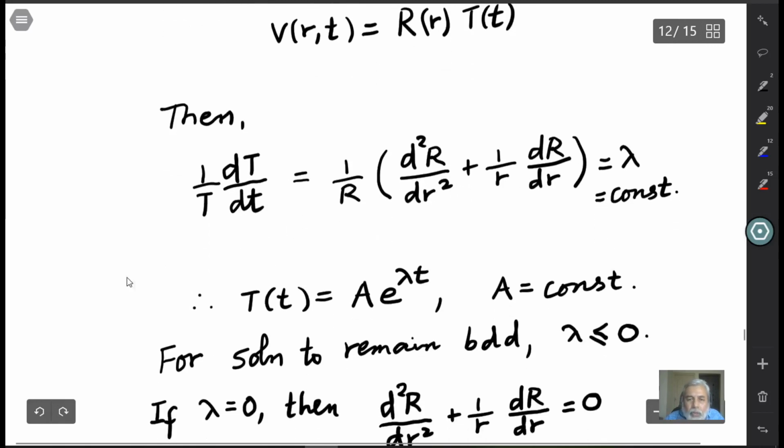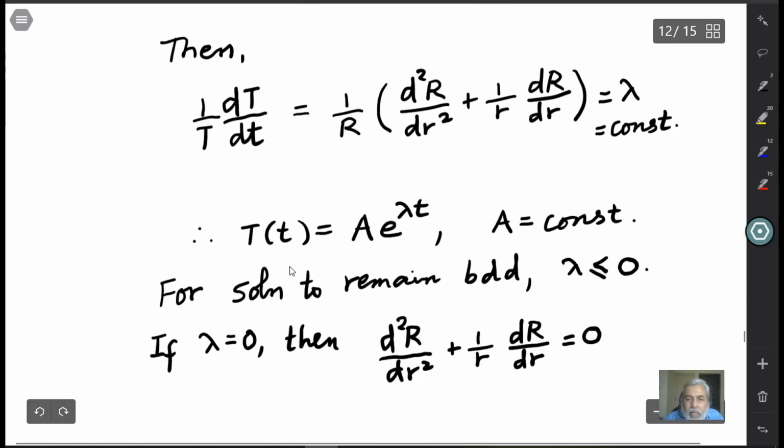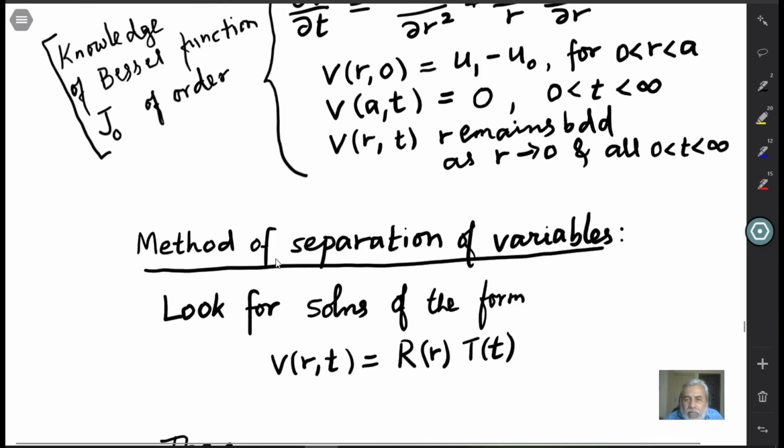Okay, so if you just use the equation for capital T, the general solution, that's a first order ODE, T(t) will be equal to A e to the lambda t, where A is a constant. Okay, so these are important requirements.